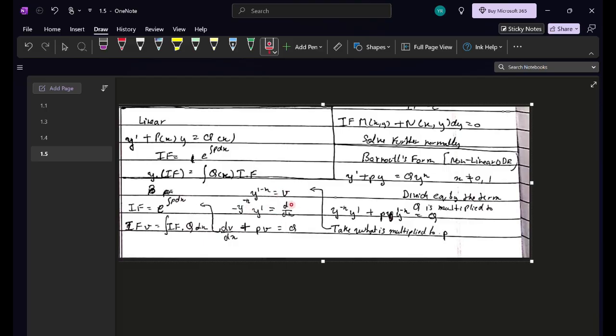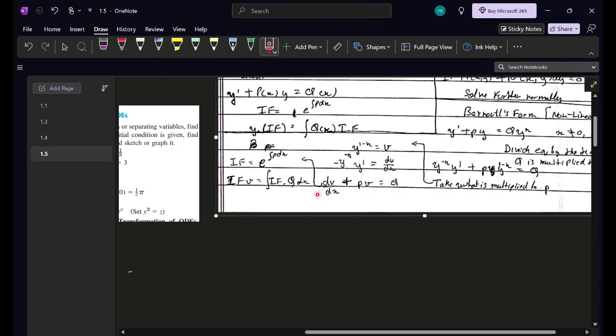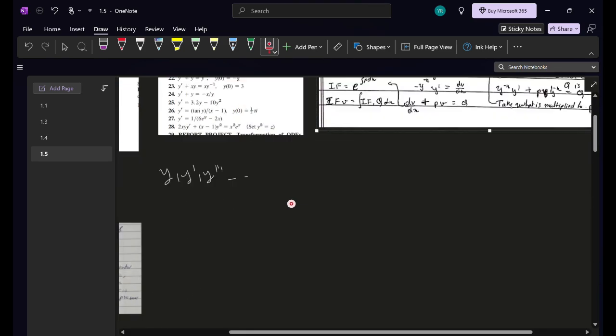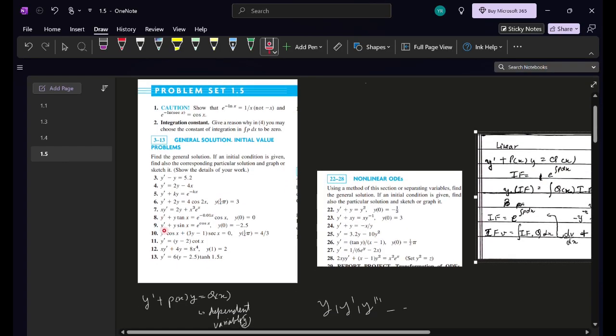From there we will get the v dash, and then our equation turns into a linear equation in terms of v. So from there we just proceed like we did previously. We substitute the values, and then we find out the integrating factor and then solve it like we did. So let's just try question number 23.